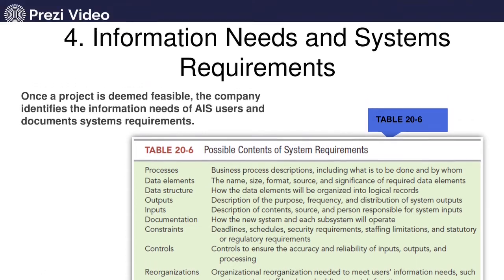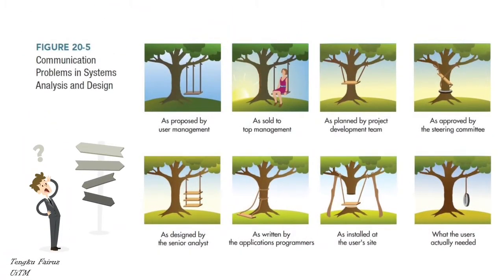And then if you refer to figure 20.5, you can see the pictures. They have 8 pictures showing how the cradle was built under the tree. You can see the description below the pictures.